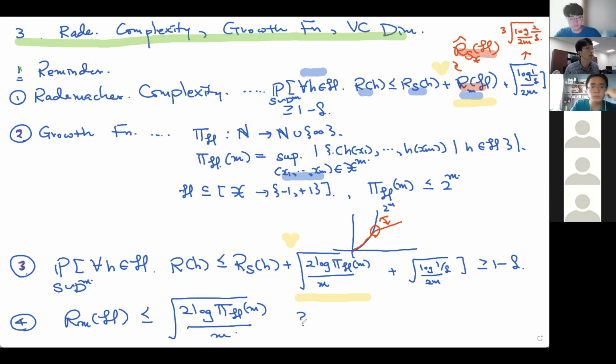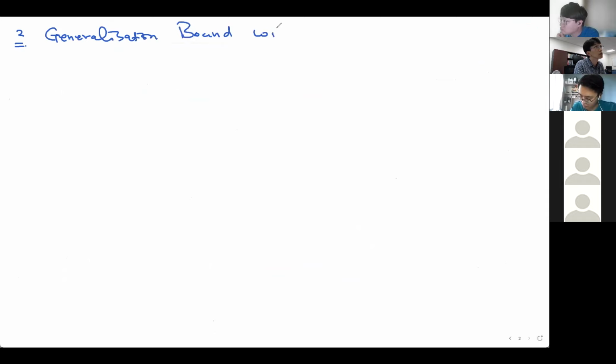That's the main question that we will answer. Let's start with this part. We show a generalization bound with the growth function.